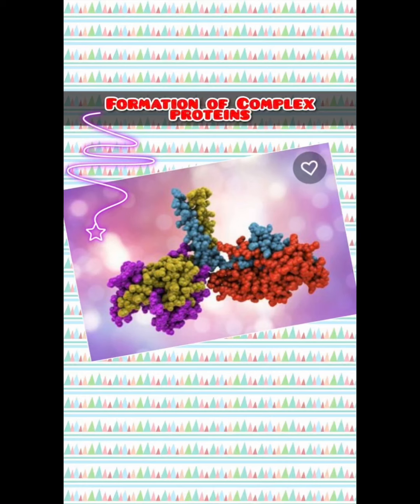The synthesis of proteins occurs according to the central dogma. The central dogma explains how genetic information flows from DNA to RNA to make a functional protein.